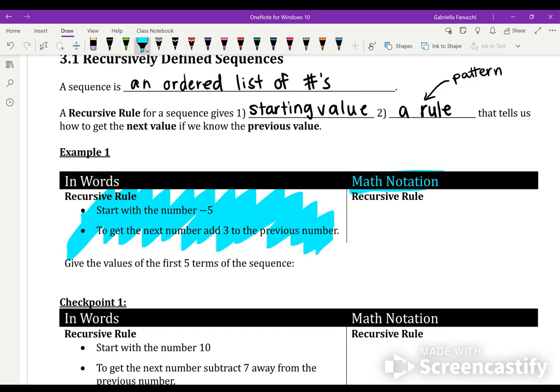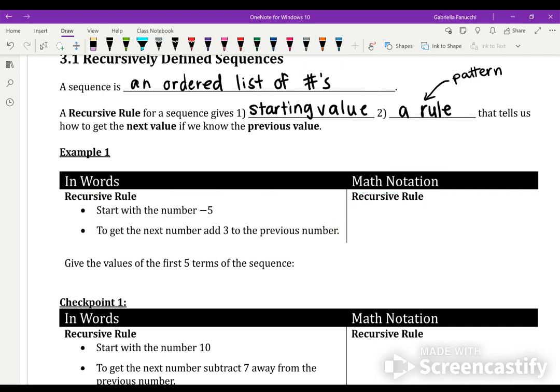We're going to take a shortcut and use the notation to write out the rule instead of having to do it with words every time. We're basically just going to substitute, like if my full name is Gabriella, people call me Gabby, it's my nickname.